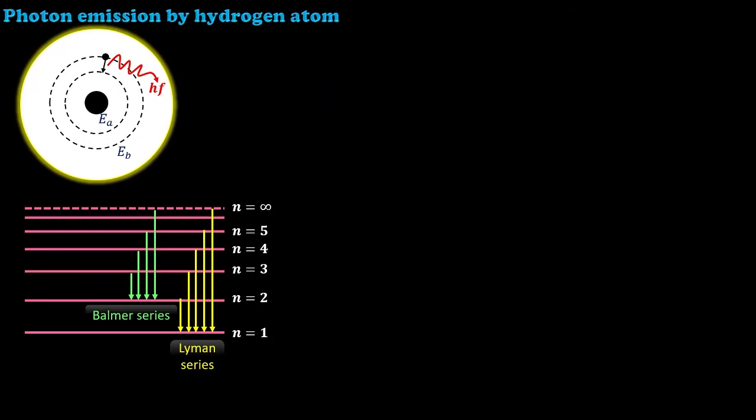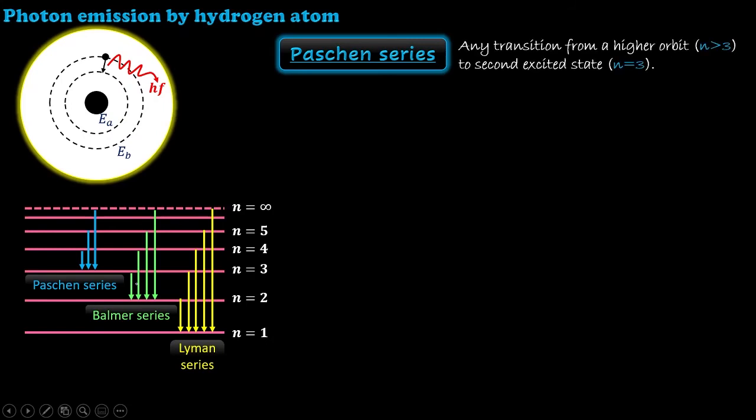Okay, now we have the third understanding for the photon emissions by the hydrogen atom when it moves from a higher energy level to the second excited state, which we call the Paschen series. So Paschen series means the energy transitions from a higher orbit to the second excited state.